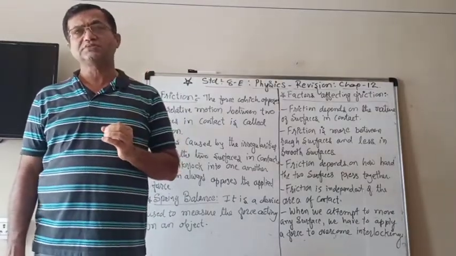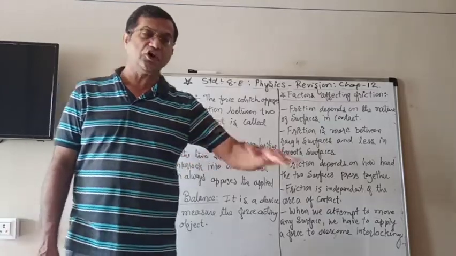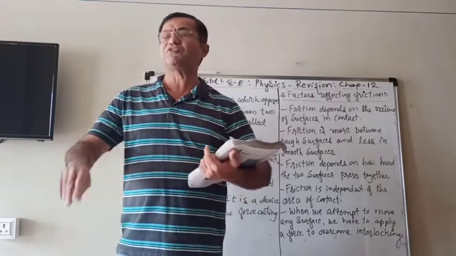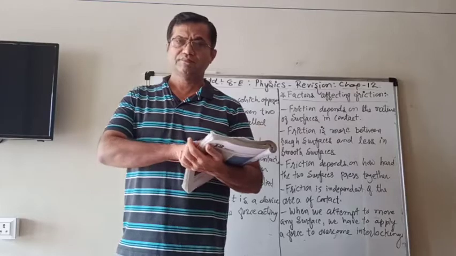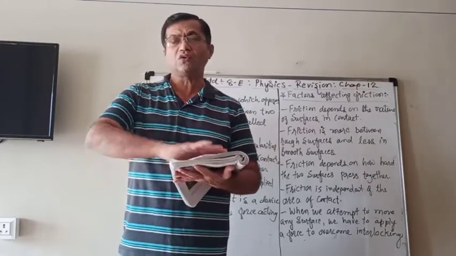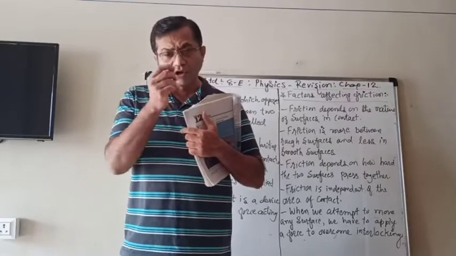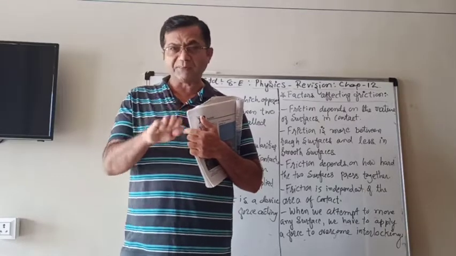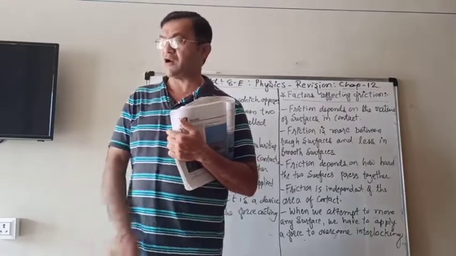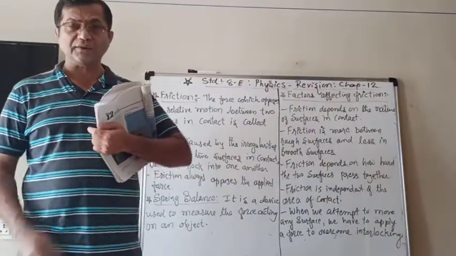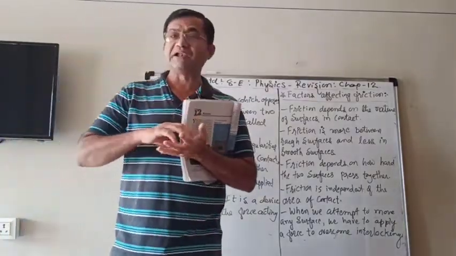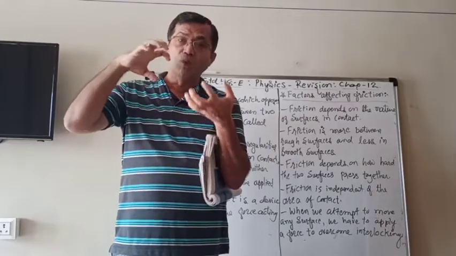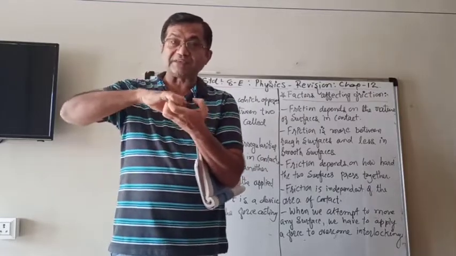It is because of the irregularities on the surfaces. If you feel the surfaces properly with your finger, it is not like nothing is there. You will observe that there are some irregularities, meaning some ups and downs everywhere. Therefore, when there is relative motion between them, these irregularities in both of them interlock like this.